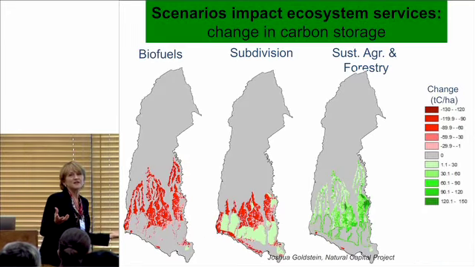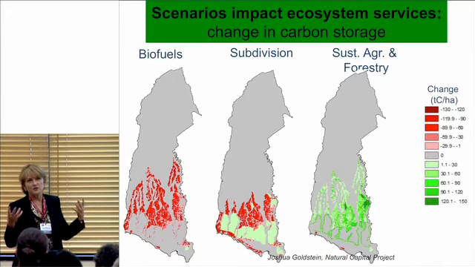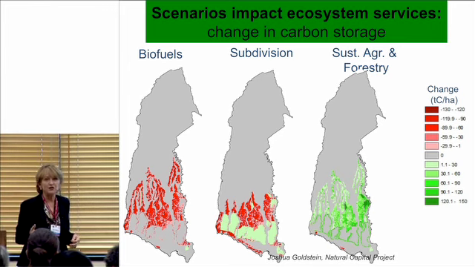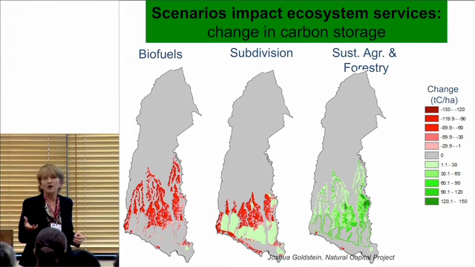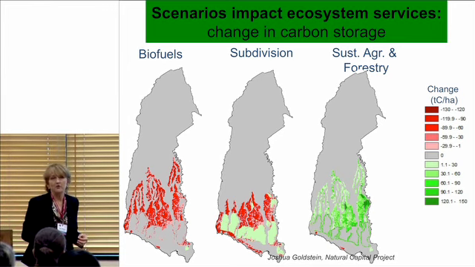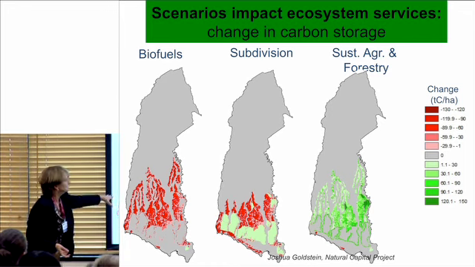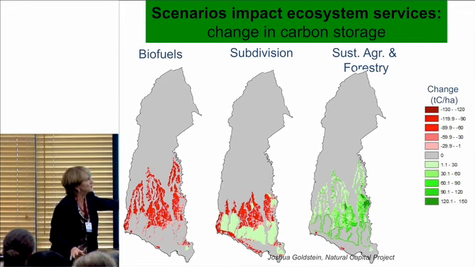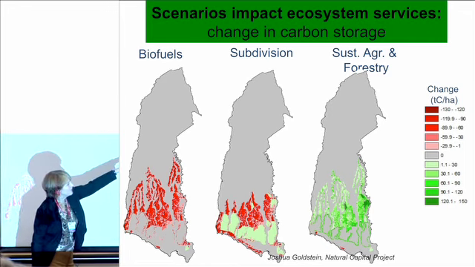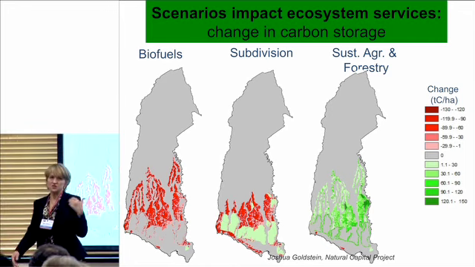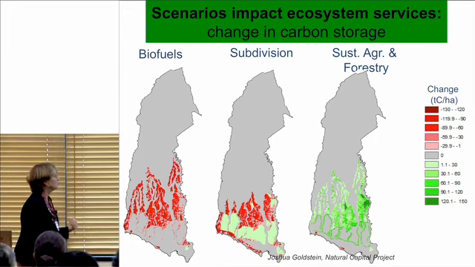So one, let's say, is carbon storage. If there's a carbon market, you want to be able to use your land to store carbon and get carbon credits for that. So the biofuels scenario does not do well for carbon storage. You can see the negative values over there for change in tons of carbon stored in the soil.